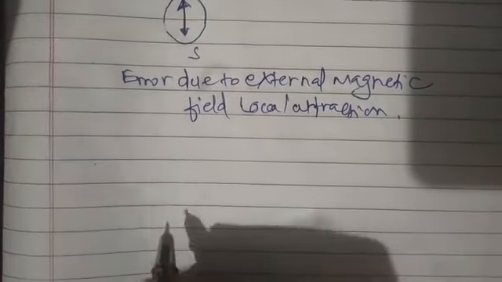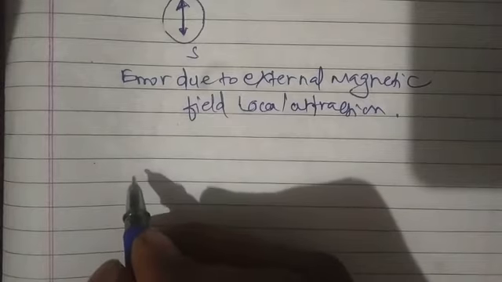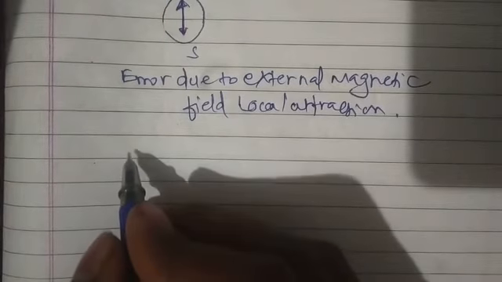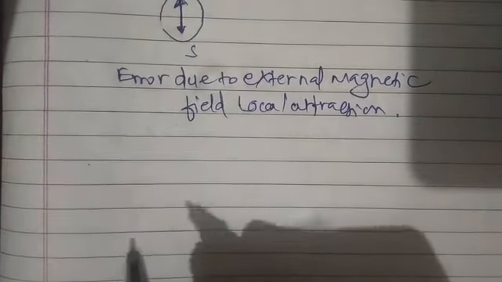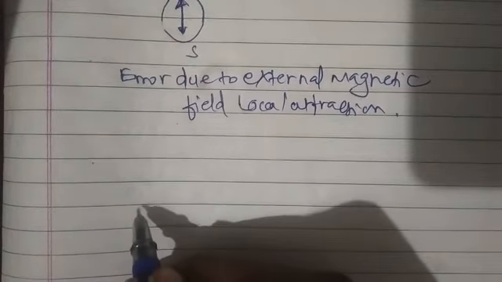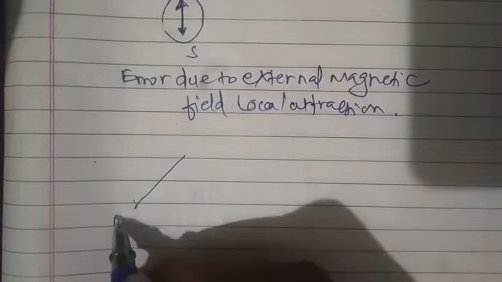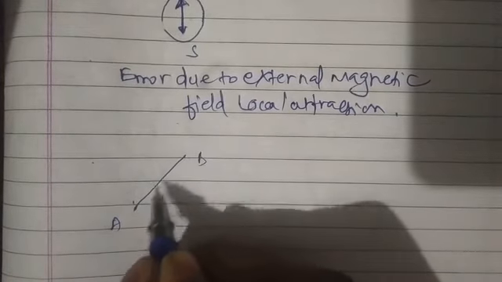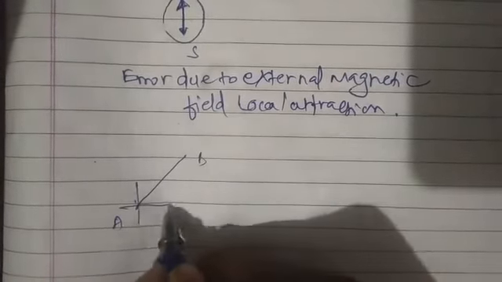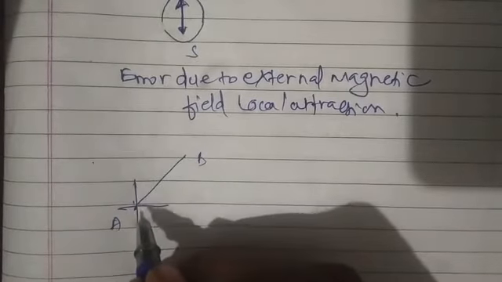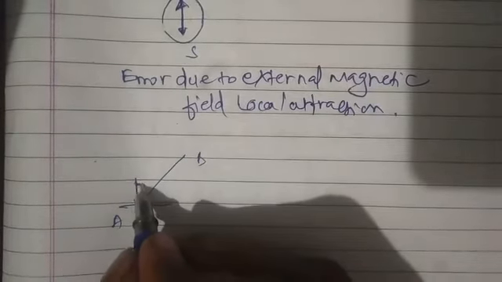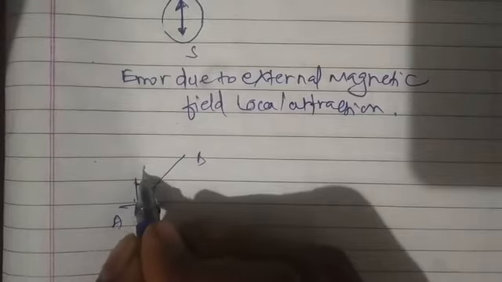So let's see how to find the error between the bearings. Suppose this is line AB. We have measured the fore bearing of the line, which was 40 degree.